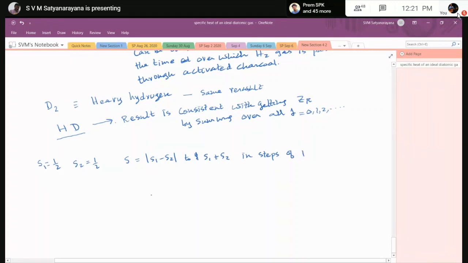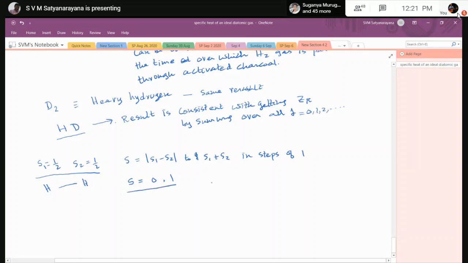Because of that, this S becomes 0 and 1. So if you have two spin half particles, here the hydrogen nucleus and hydrogen nucleus, these are two spin half particles. Now the total spin of the hydrogen molecule will be either 0 or 1.